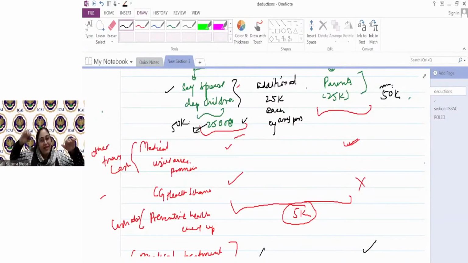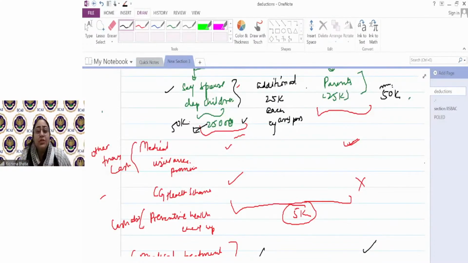Suppose my parents are senior citizens and I am not, I can claim deduction up to 50,000 for parents. For myself and my family, as in my spouse and children, I can claim only 25,000. If I am also 60 and my parents are 60 plus, then I can claim 50-50 for both.